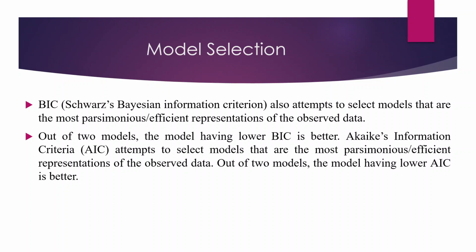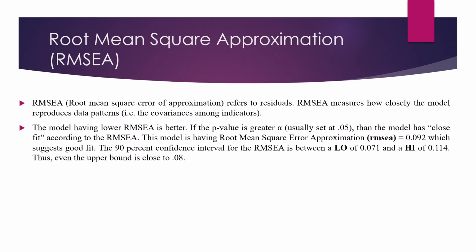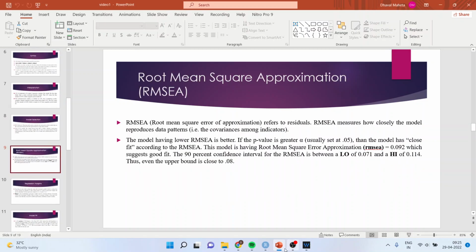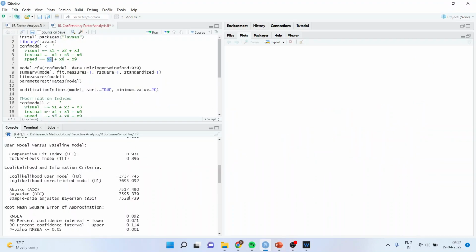The minimum value of AIC is better, right? Then we will carry out RMSEA. Let us see from where I can get the Akaike information criterion. See, here it is. Basically, the Akaike information criterion is used when you have two models and you compare them. Now let us see RMSEA.